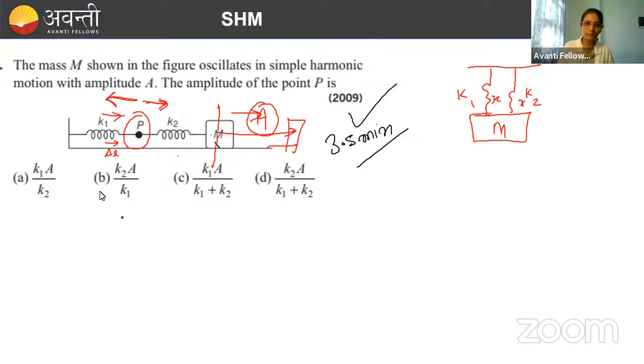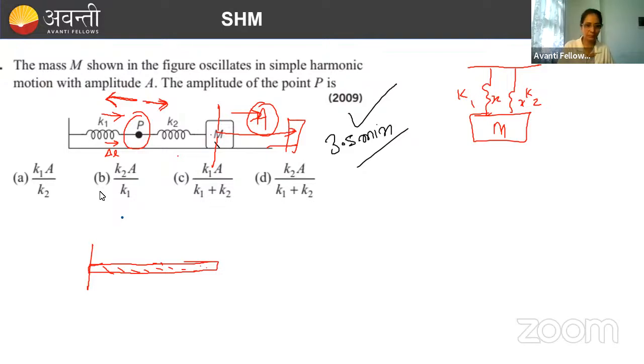In series, what happens? If you have kept two springs in series, we can see it like there is a long string, and this long string is massless, because even if not given, a spring is generally taken as massless. And you know that if a string is massless, tension throughout remains the same. So here tension will remain the same because they are forming a single massless string.